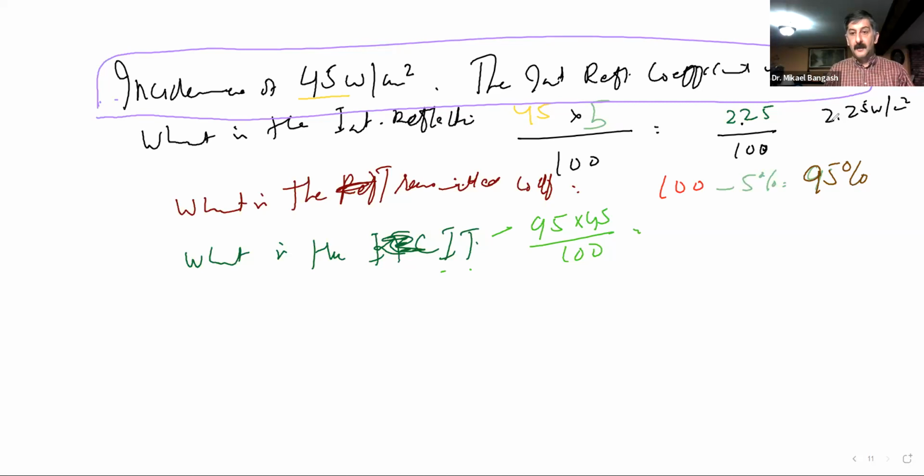So you just subtract this 2.25 from your 45. It gives you 42.75 watts per centimeter squared. So whichever way you want to do it.